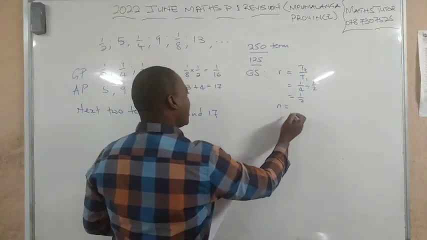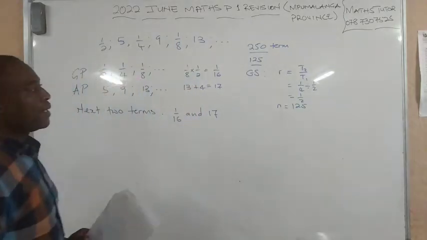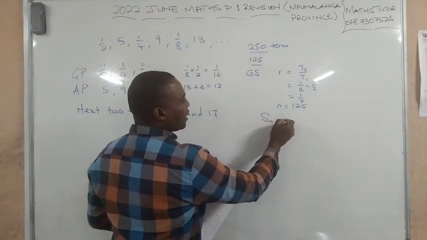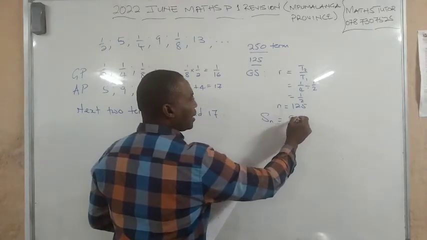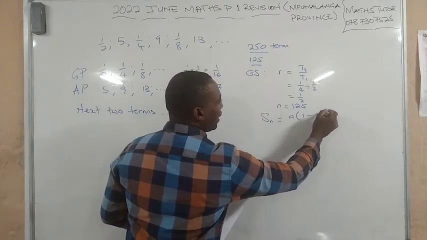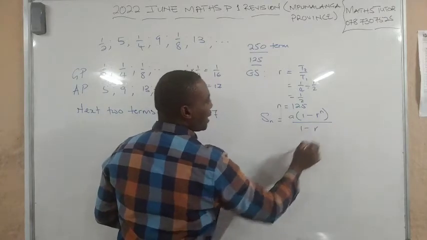Our n is equal to 125, and the formula we will use is the sum of n terms equals a into 1 minus r to the power n, divided by 1 minus r.